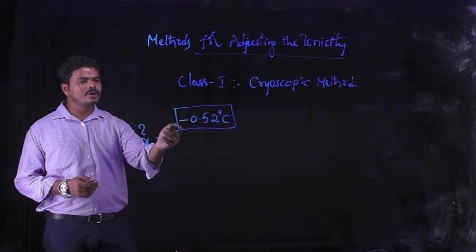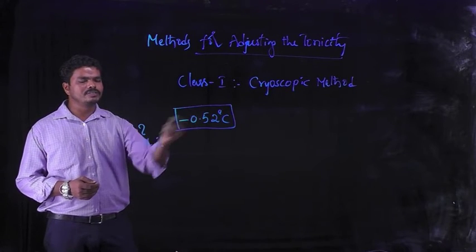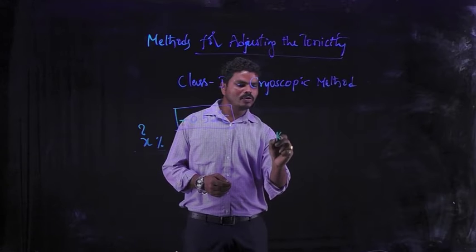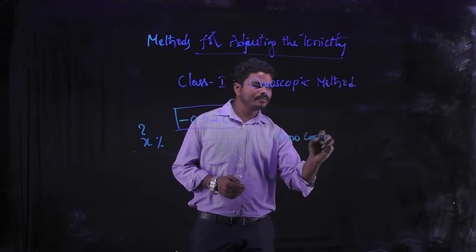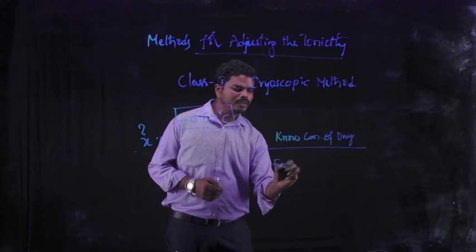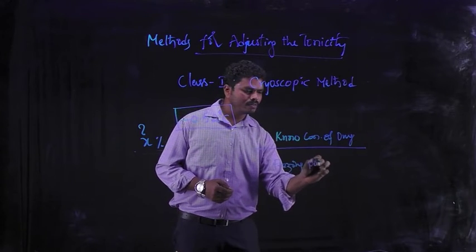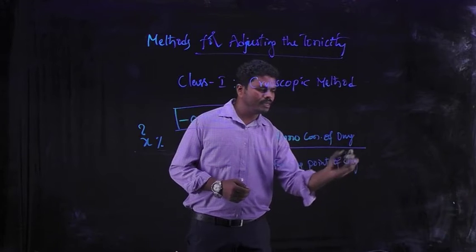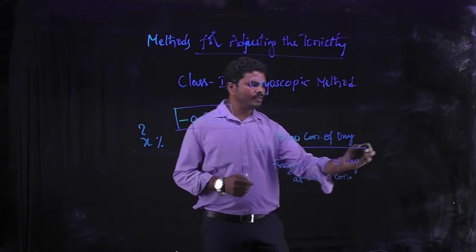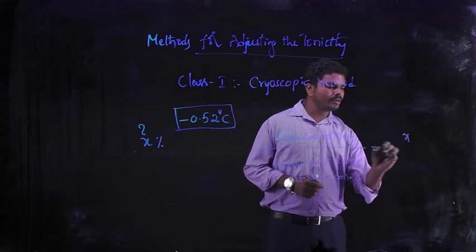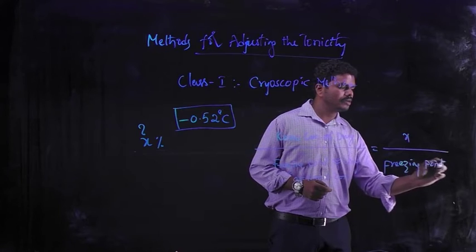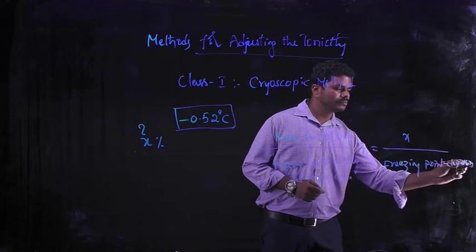To calculate how much amount of the substance is required, we will compare the ratios: the known concentration of drug divided by the freezing point of the same drug at the known concentration is equal to x divided by the freezing point depression of blood.